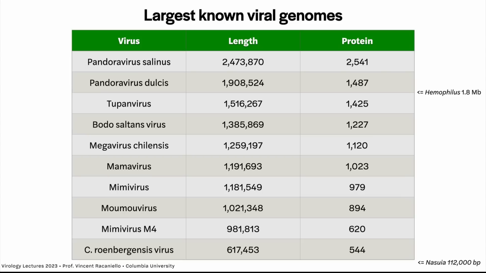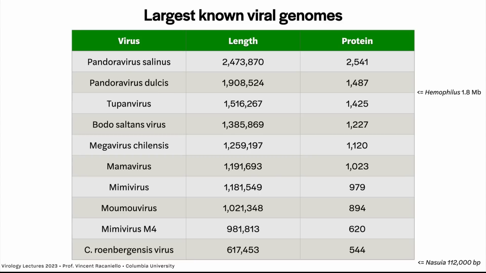So I wanted to show you some of the biggest and the smallest in this cast. These are the largest known viral genomes. They're all DNA virus genomes. Starting from Pandoravirus salinus, 2.4 million base pairs of double-stranded DNA, encoding 2,500 proteins, 90% of which we have no idea what they do.